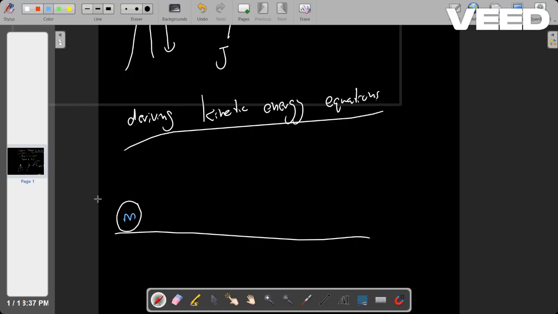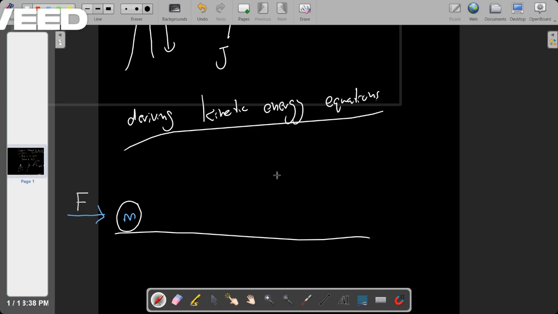And with the force, if you can remember, we are doing some work on it. Because of this force, this object is gaining some velocity, starting from v0, and here it is gaining velocity, right?